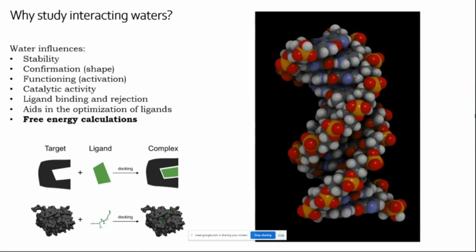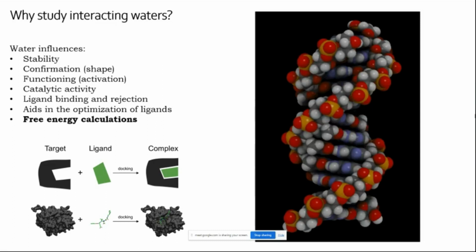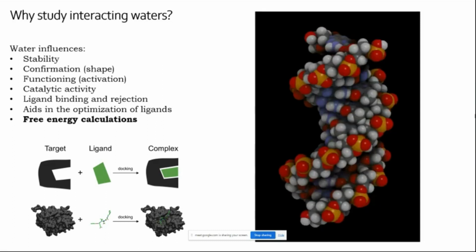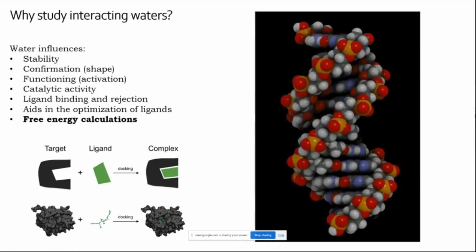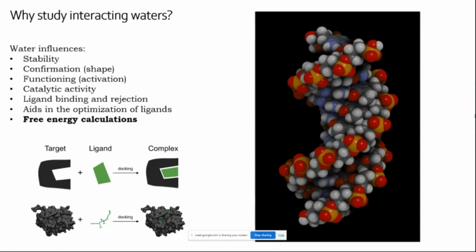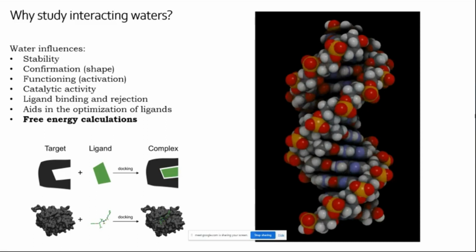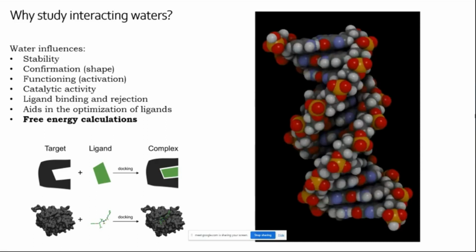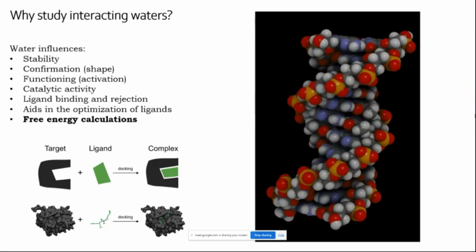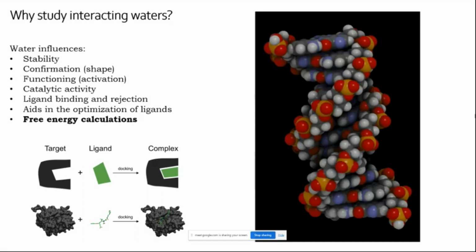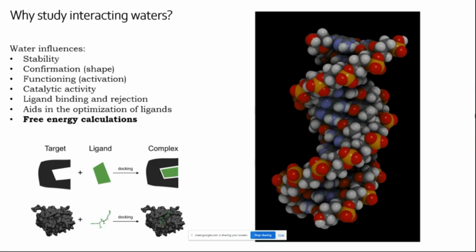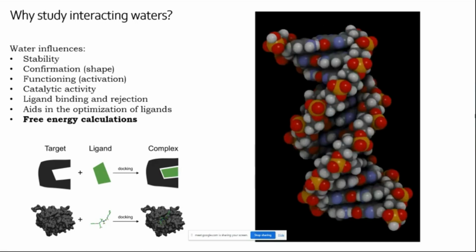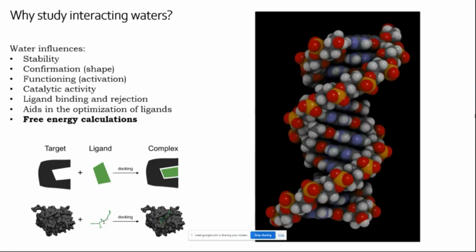Or sometimes, you may want to enhance the activity, and even for that, you require ligands. And it has been shown that for ligand binding and rejection, to optimize ligands for binding, and also to perform free energy calculations, which are at the core of drug design, right?